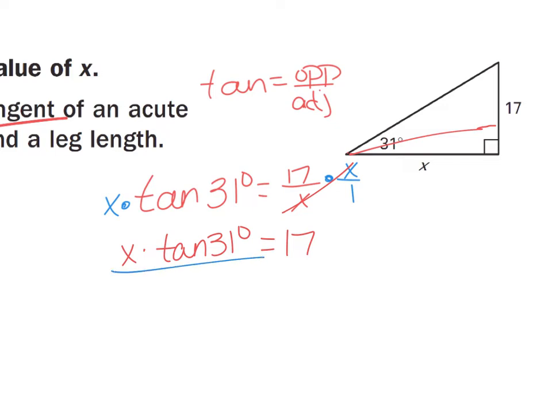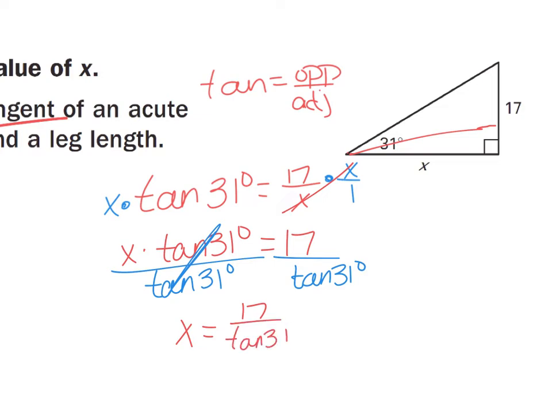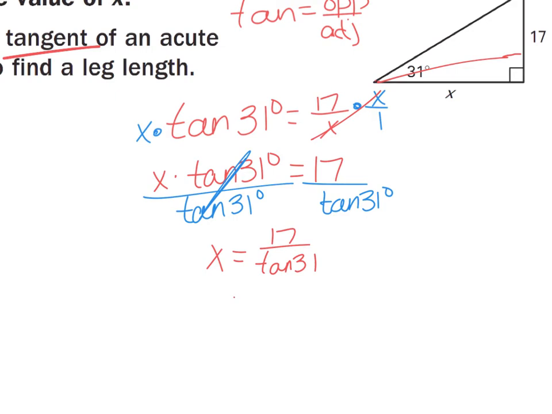So the next thing we have to do is divide both sides by the tangent of 31 degrees. Okay, these cancel. So you have x equals 17 over the tangent of 31. I'm going to stick that in my calculator, and I get x equals 28.3.